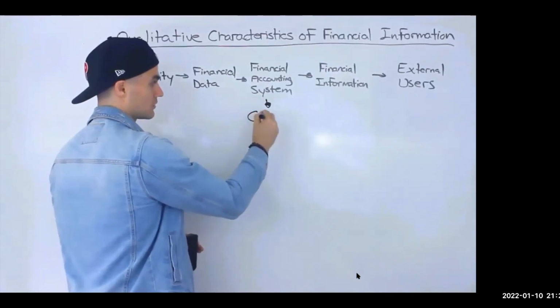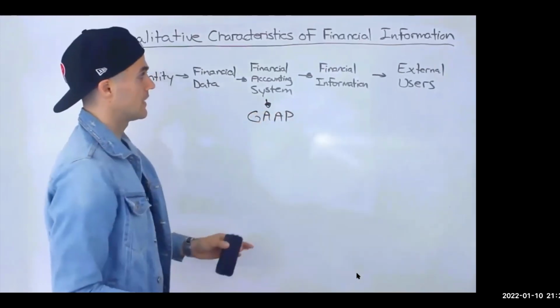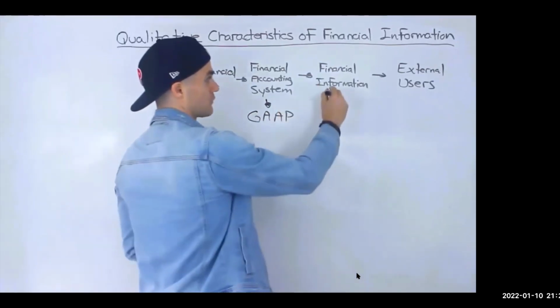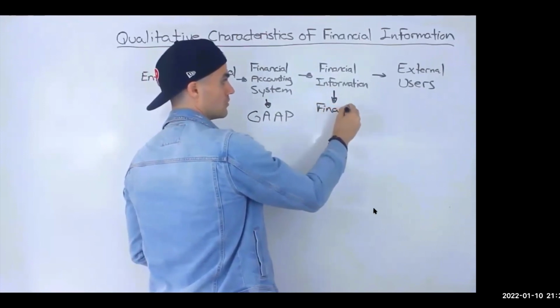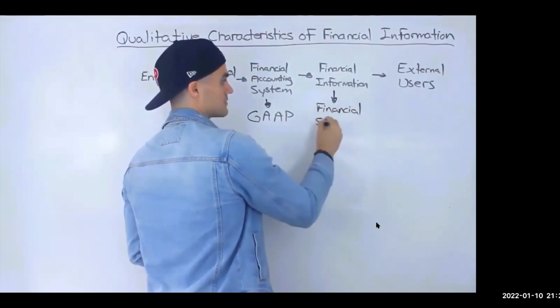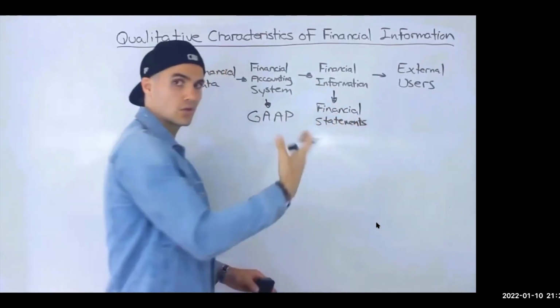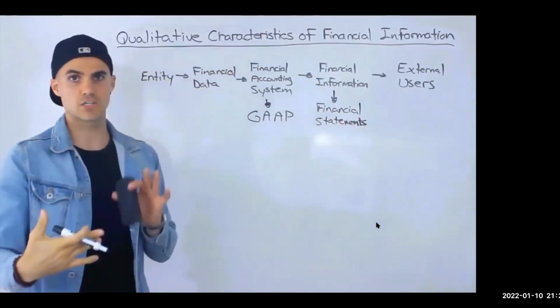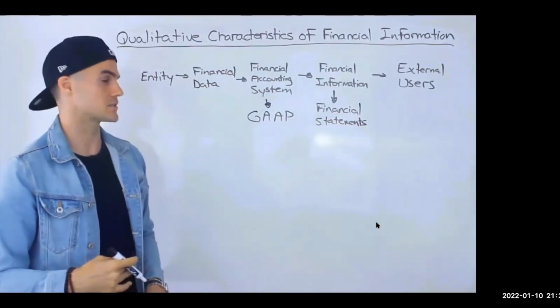We mentioned it's called GAAP, Generally Accepted Accounting Principles. And then you're going to get financial information, more specifically, financial statements. And I mentioned the 4 different financial statements we're going to be looking at in this course: balance sheet, income statement, cash flow statement, and statement of retained earnings.